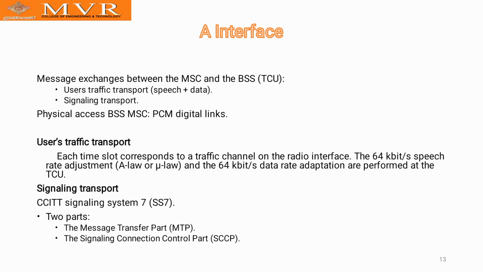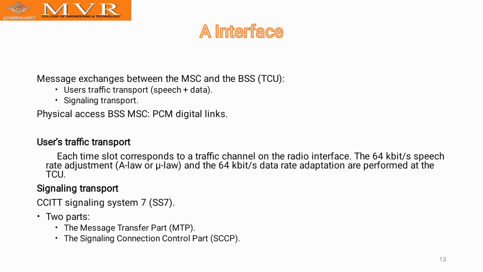Okay, the signaling transport is done with CCITT signaling system 7, and we have two parts: the message transfer part, MTP, and the signaling connection control part, SCCP. Here you must learn the abbreviations SCCP and MTP.